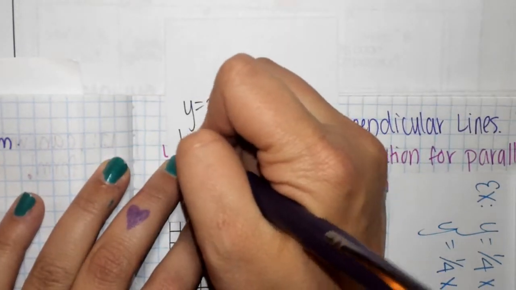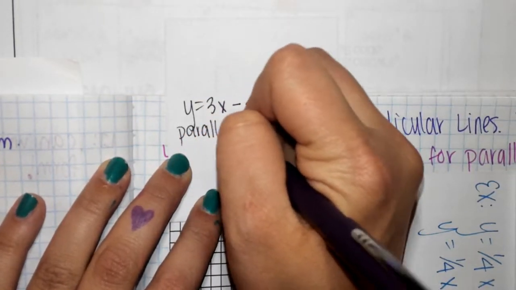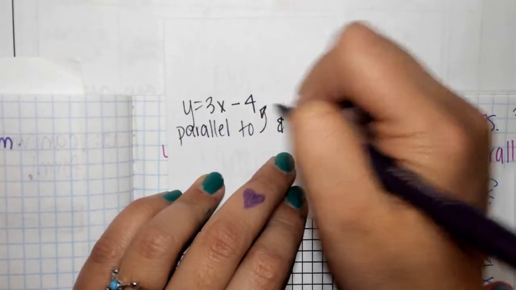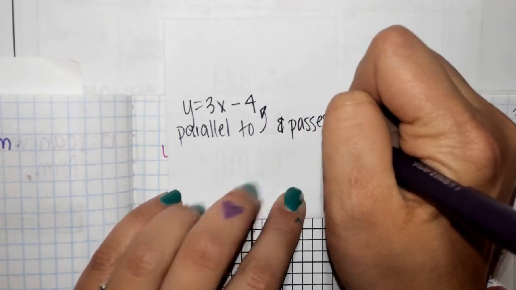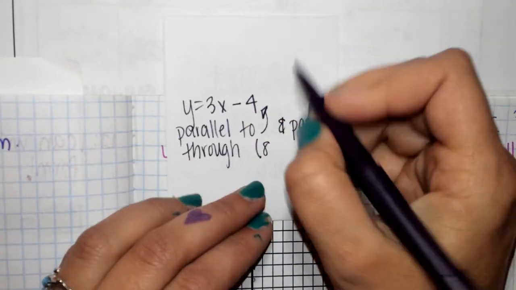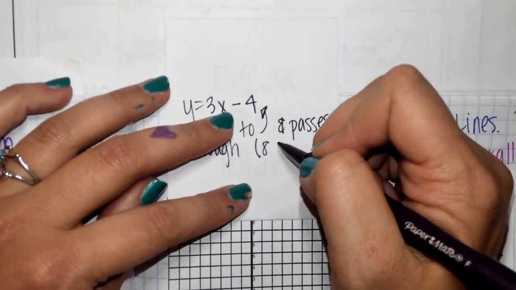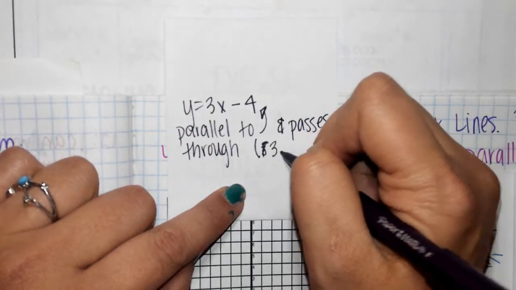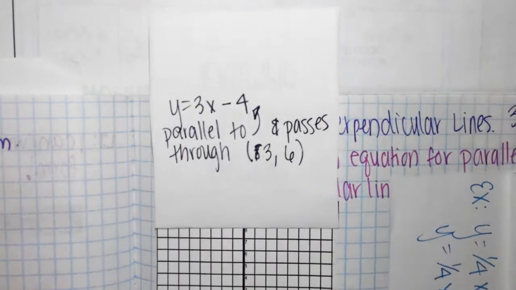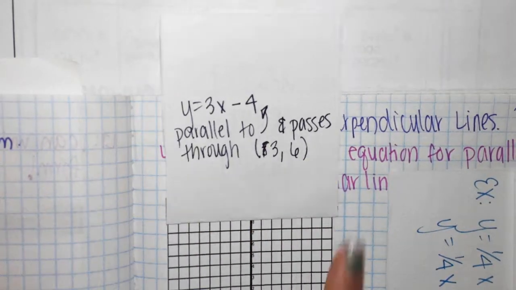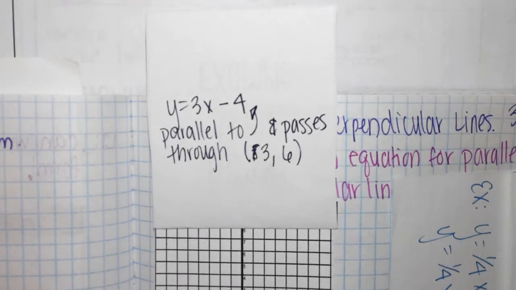And I want to create a line that is parallel to this one and passes through the point (3, 6). Not a squiggle. Don't write the squiggle.